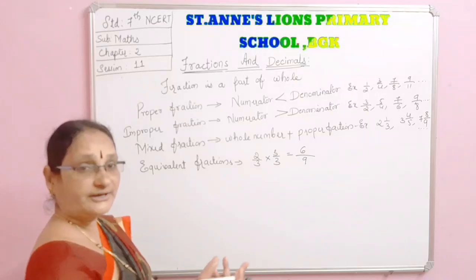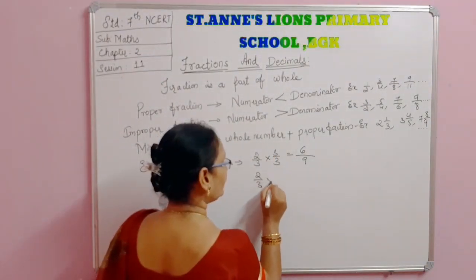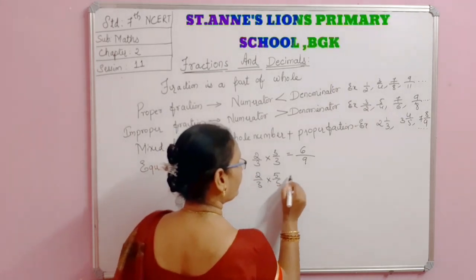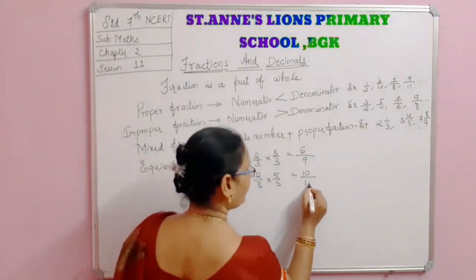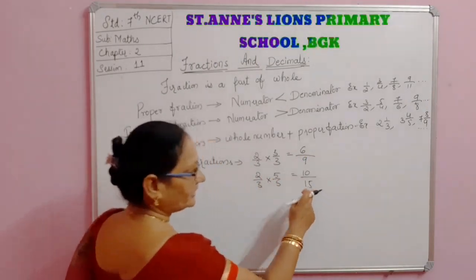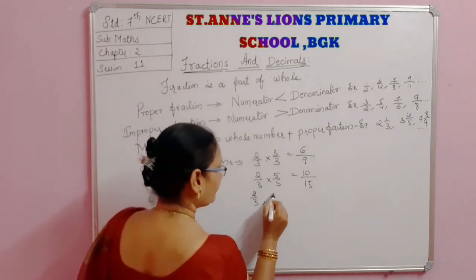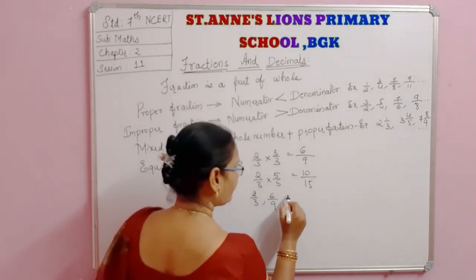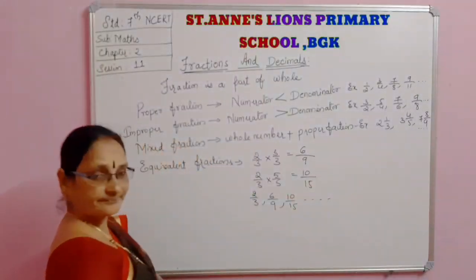Suppose one more you need. So now 2 by 3 into 5 by 5. 5 2s are 10, 5 3s are 15. Now 2 by 3, 6 by 9, 10 by 15. Like this it goes. See, what are those? 2 by 3, 6 by 9, 10 by 15 and so on. You can write like this.